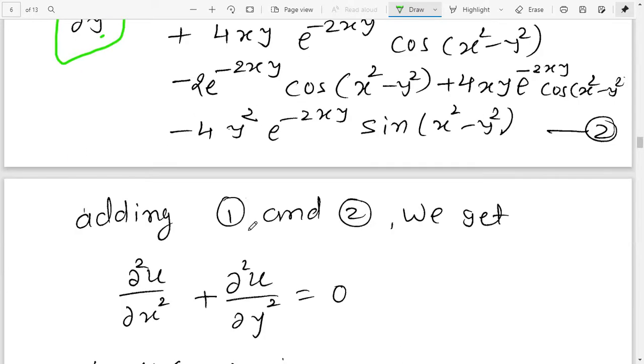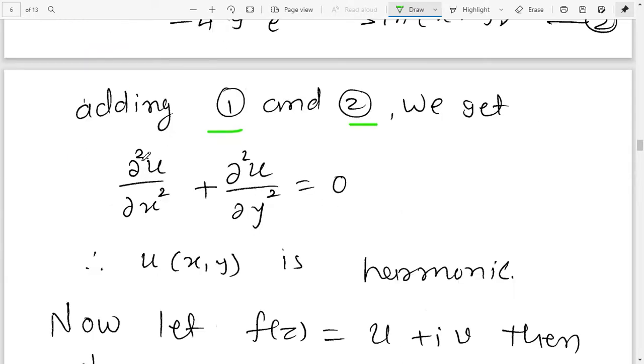Now adding equation number 1 and 2, we get del square u upon del x square plus del square u upon del y square is equal to 0. So u is harmonic.